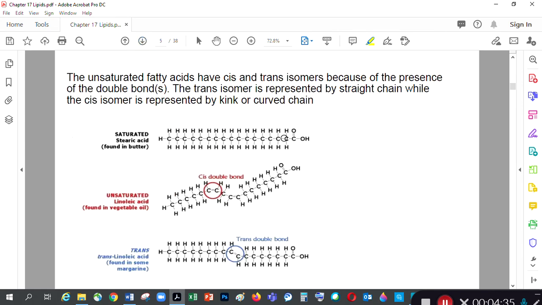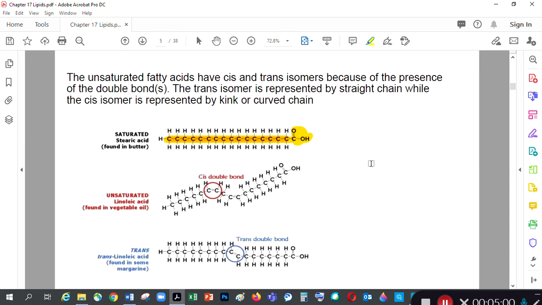This is just an example of the two types, not three types, sorry, put together. Here is the saturated one. All of it is single bonded up to here. This is our head, and the rest is our tail.